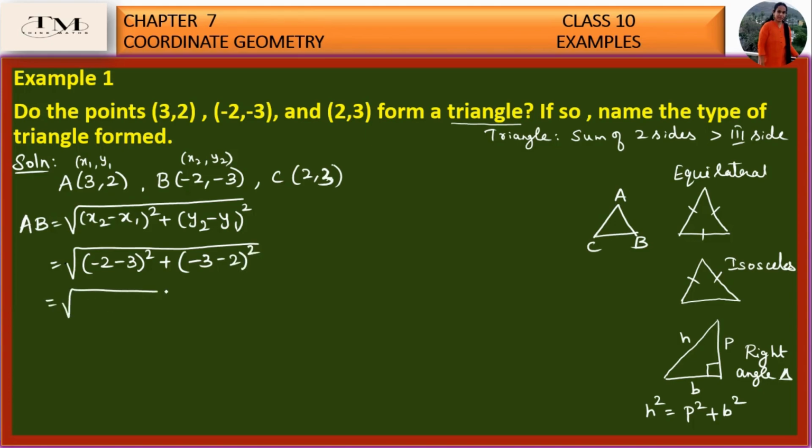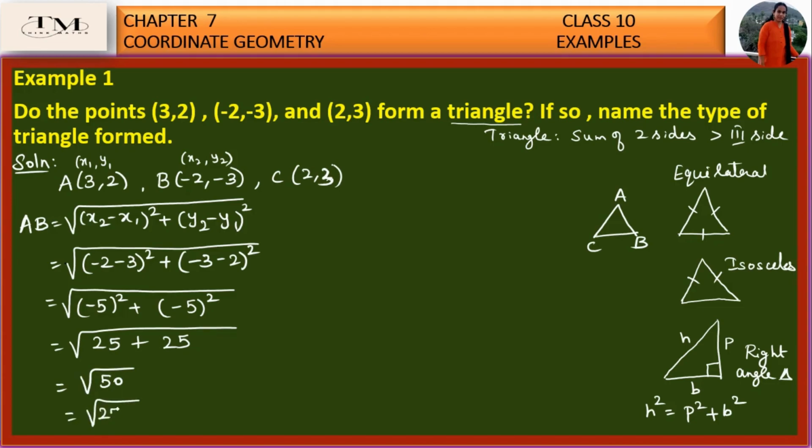That is (-5) whole square plus (-5) whole square. (-5) squared is 25 and (-5) squared is also 25; if you square a negative, it becomes positive. So 25 plus 25 is root 50. You can write this as root of 25 into 2. 25 is a perfect square, so you get 5 root 2. So we got the AB distance.